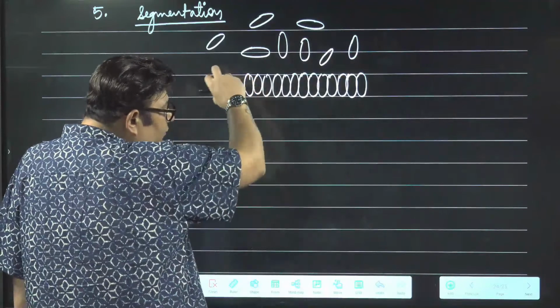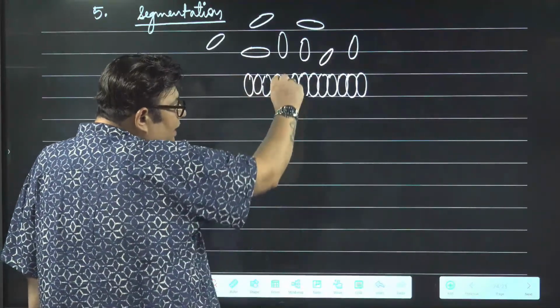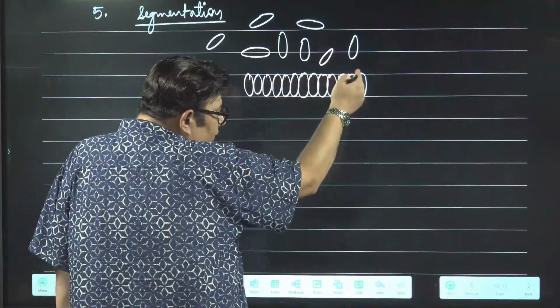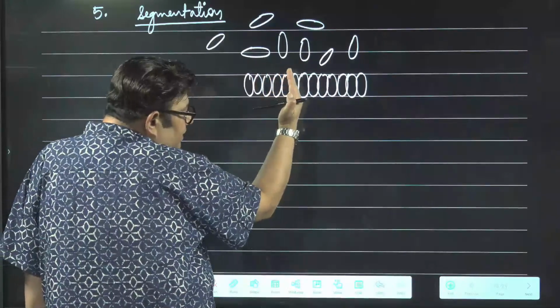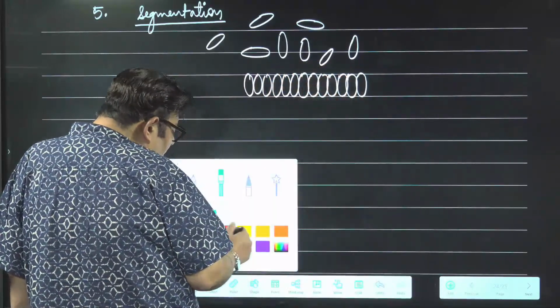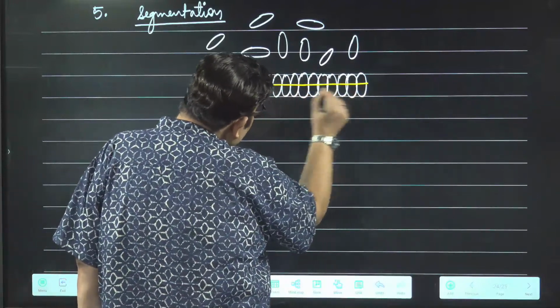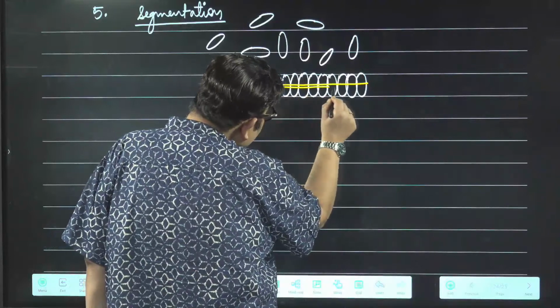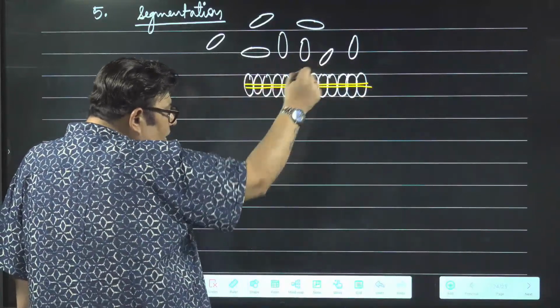Now, when they are fused, still some organ systems are present in different segments and are serially repeated. For example, now they have a common gut. But there are still some organs present in each segment.